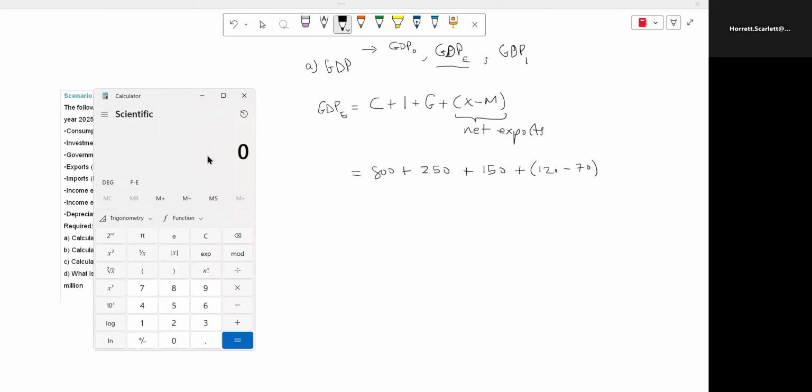So let's compute that. So it's 800 plus 250 plus 150. That is 1200. And then 120 minus 70.